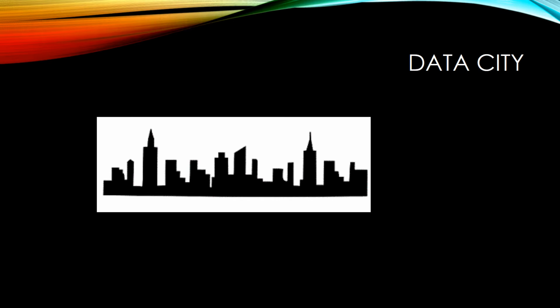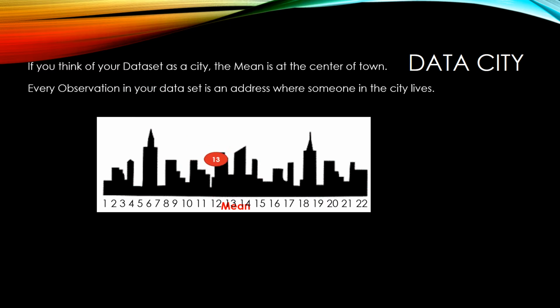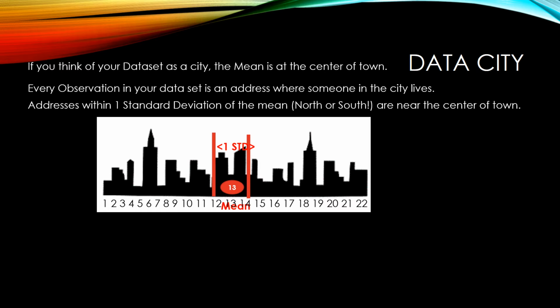Well, let's first start out thinking of our data as a city. If you think of your data set as a city, the mean is at the center of town. And every observation in your data set is an address where someone in the city lives. So an address that's within one standard deviation of the mean is near the center of town.